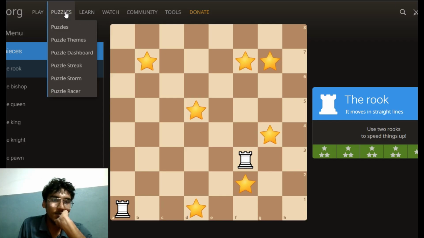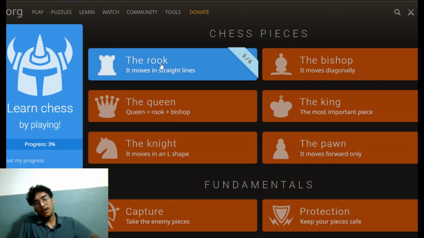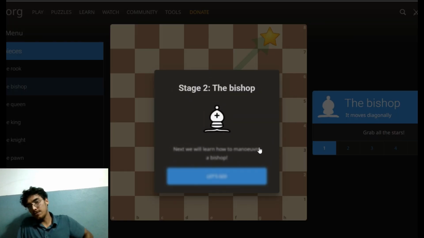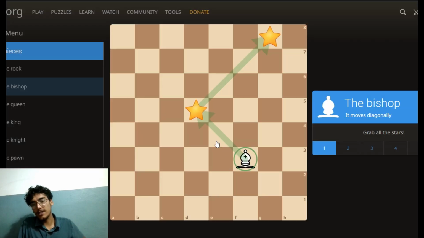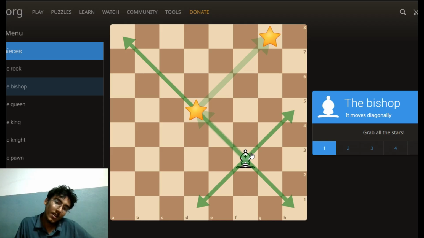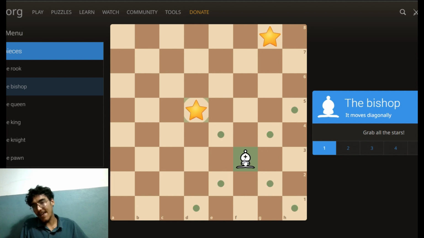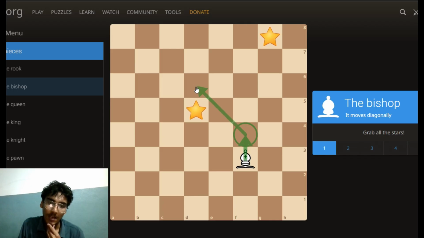Similarly, the bishop moves diagonally. We can see here how it moves diagonally. There are two bishops: one on a white square and one on a black square. So this white square bishop can never reach any of these black squares.